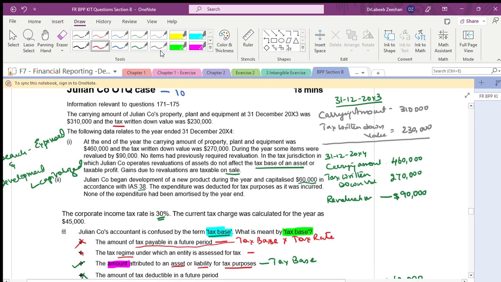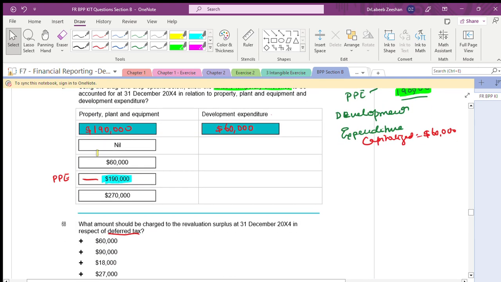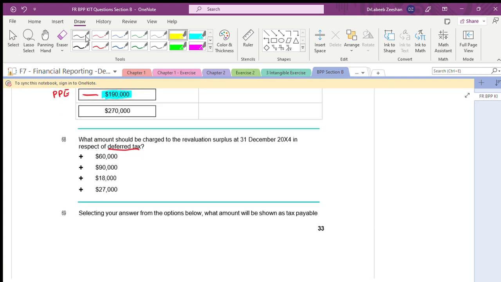They have mentioned here very clearly that during the year, some items were revalued by 90,000. And what is the tax rate? Tax rate is 30%. This is what we have done.